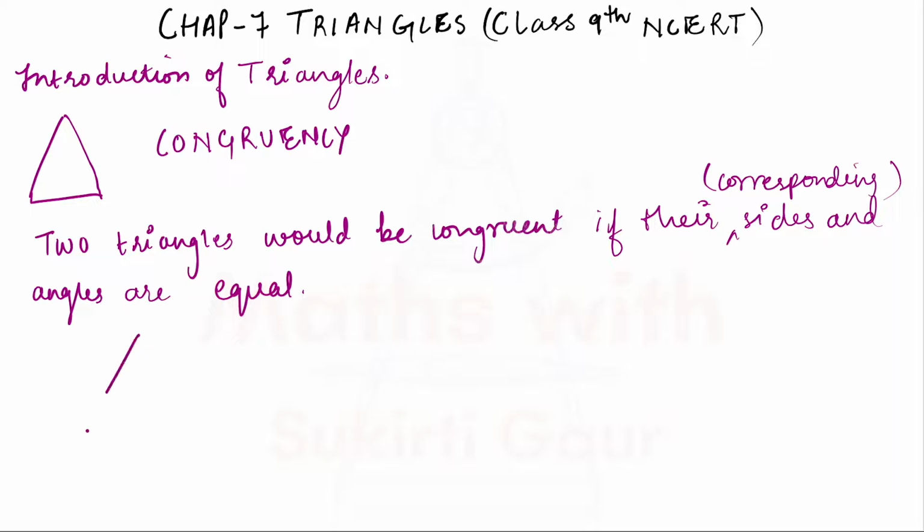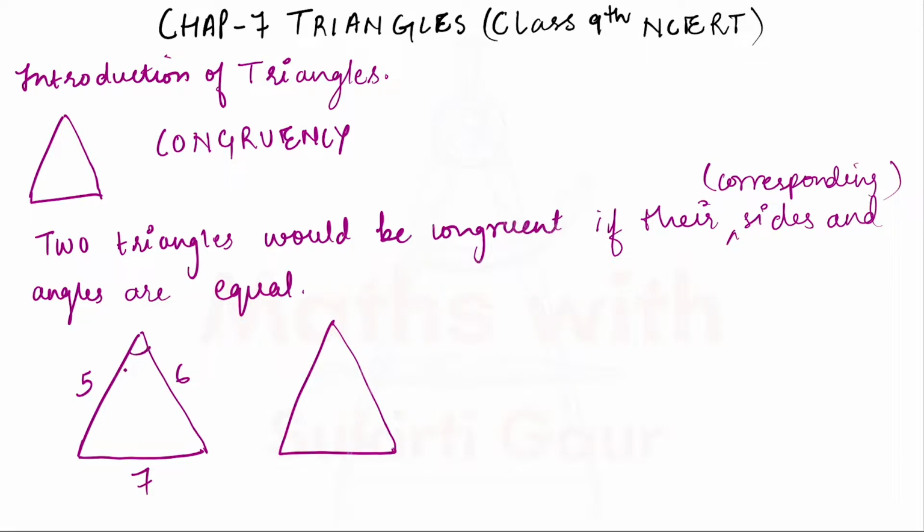So if I talk about two triangles, let's say, in that I give the sides as 5, 6, 7 and angles as 70, 60 and 50.